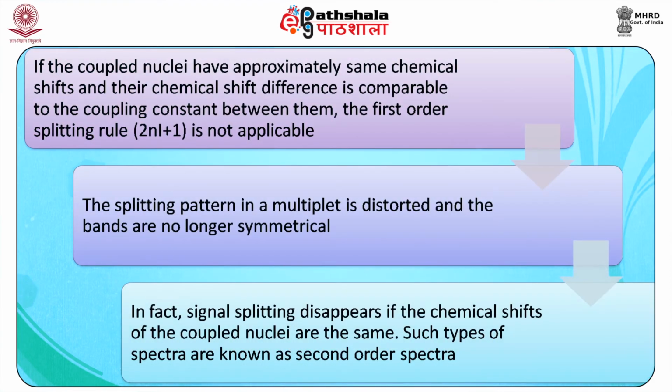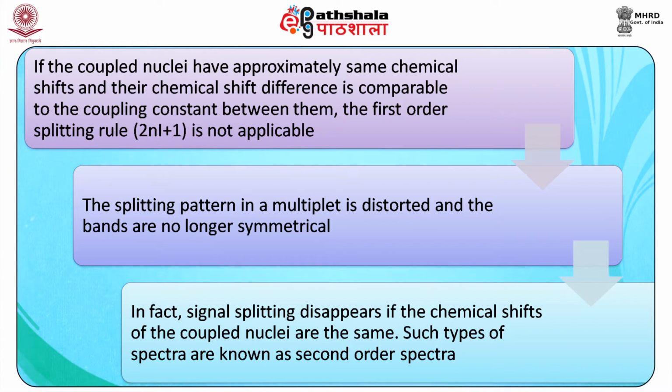If the coupled nuclei have approximately the same chemical shifts and their chemical shift difference is comparable to the coupling constant between them, the first order splitting rule, that is 2nI plus 1, is not applicable.